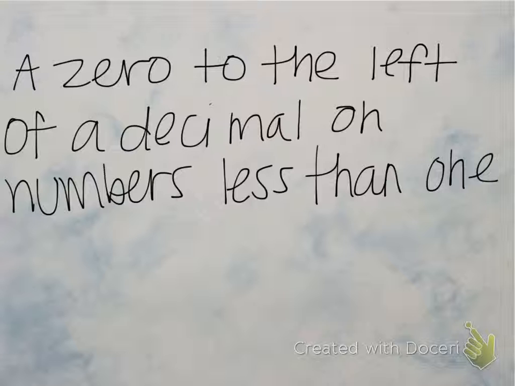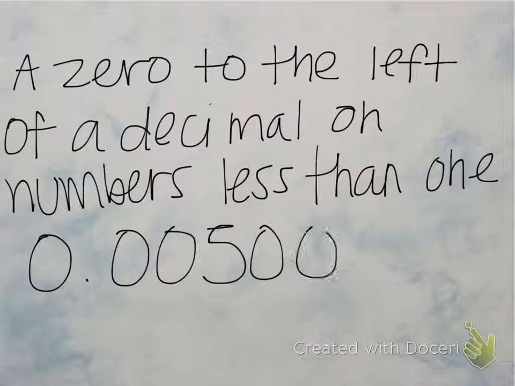So our next one, a zero to the left of a decimal on numbers less than 1. What does that mean? Some of you were asking when we're doing the metric conversions, we'll just keep using the same example, why I was writing this number right here. Now, I said before, the reason I write this number right here is so it is obvious that this is a decimal.